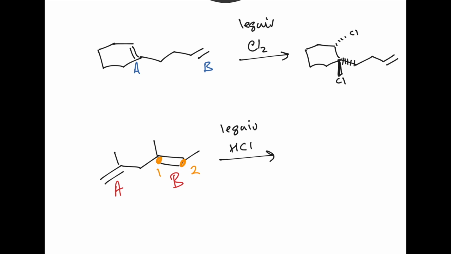Carbon 1, because carbon 1 will make a tertiary carbocation, while carbon 2 makes a secondary. Reasonable?